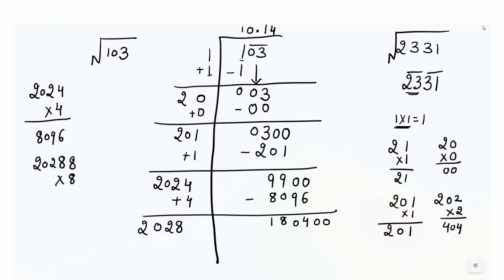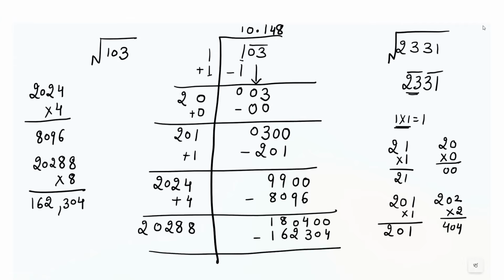I will multiply with 8 and I'll get here 162,304, and we will subtract it. Here we write 8, here we write 8. So let's do the subtraction and once we subtract it we get here 6, 9, 0, 8 and 1.